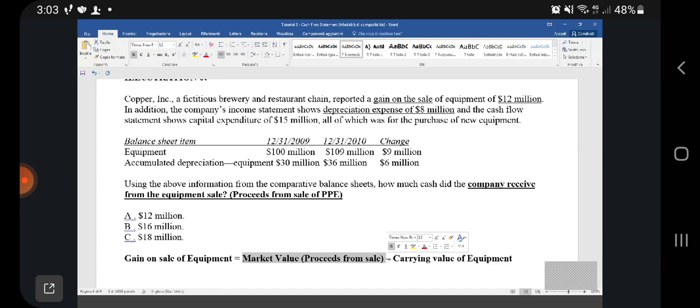So again, this is what is missing. I'm putting that in red color. This is what I need to calculate. Gain on sale, I have that, it is 12 million. Try to find this one here, the carrying value of the equipment that is being sold.